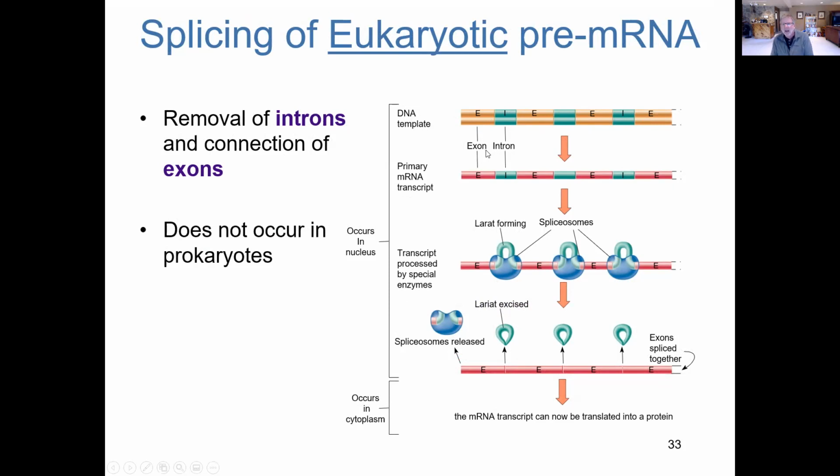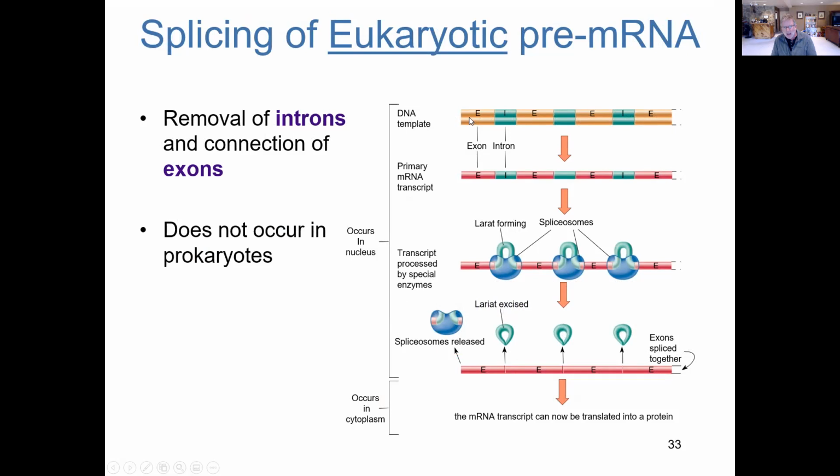So what's happening? We're going to transcribe the DNA, and that has happened here. So here's our messenger RNA transcript. The exon segments of the DNA that were transcribed are still going to be called exon segments in the messenger RNA, and the same for the intron segments. If they're in the DNA, we're going to have the complementary intron segment present in the messenger RNA.